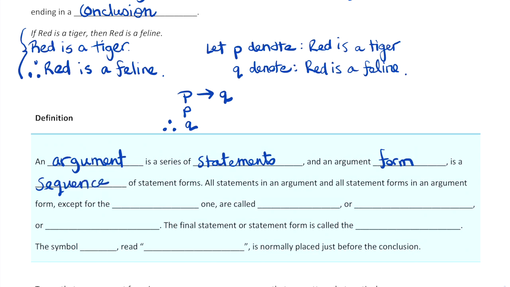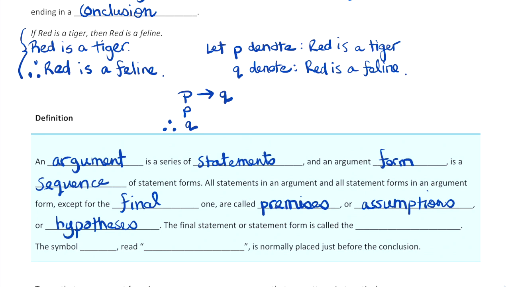All statements in an argument and all statement forms in an argument form, except for the final one, are called premises. They are also called assumptions, or hypotheses. The final statement or statement form is called the conclusion.